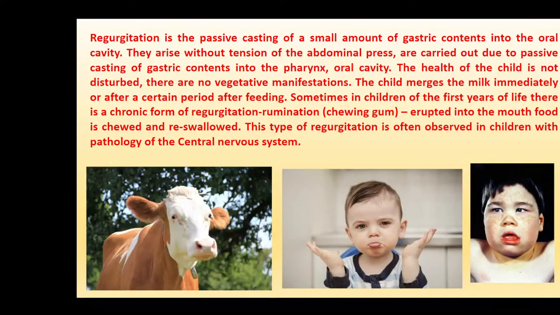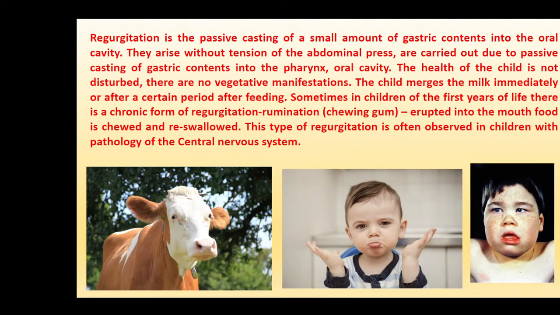It's vomiting. Regurgitation is also present in children. Regurgitation is the patient casting a small amount of gastric contents into the oral cavity. The rise of tension in the abdominal press is not required, due to passive casting of gastric content into the pharynx and oral cavity.